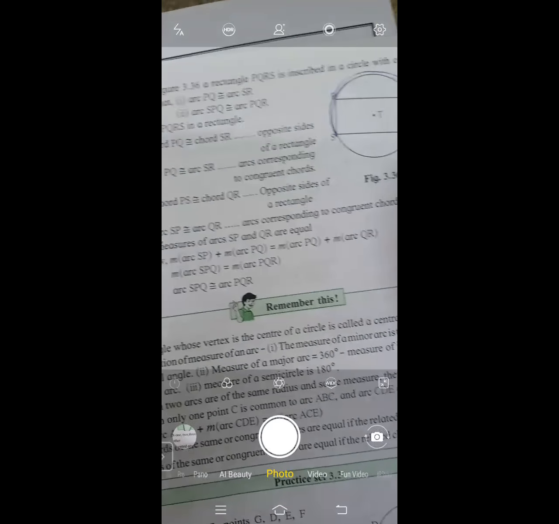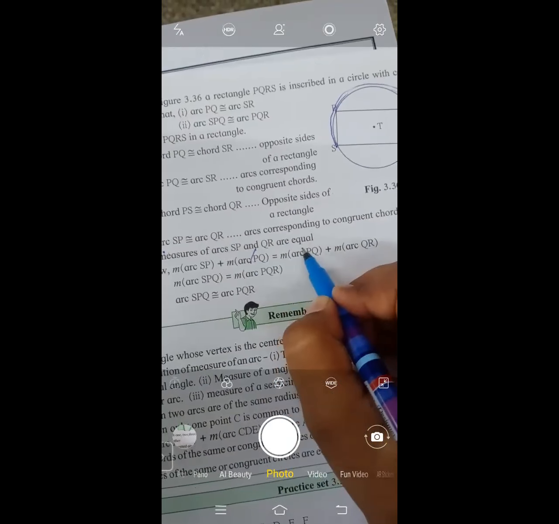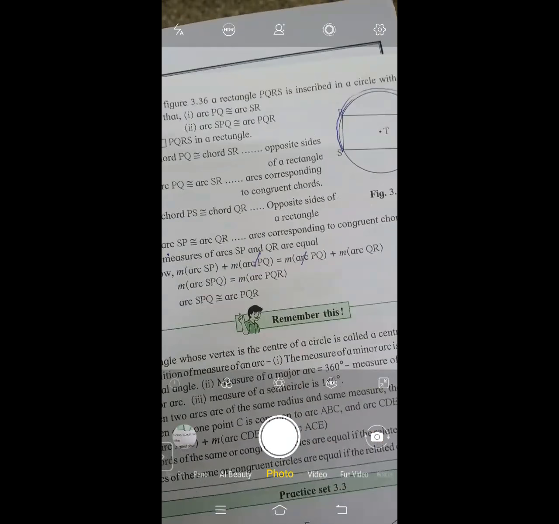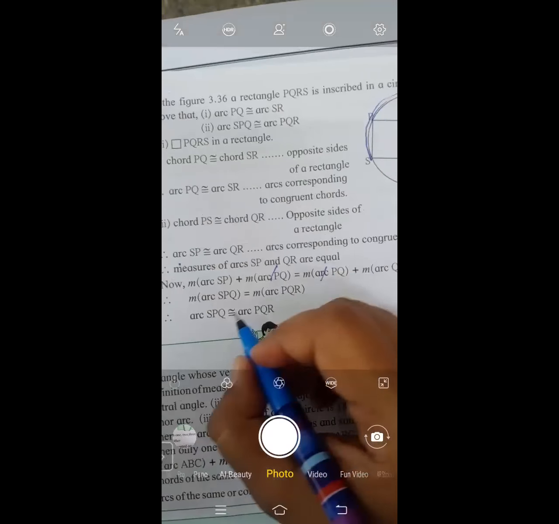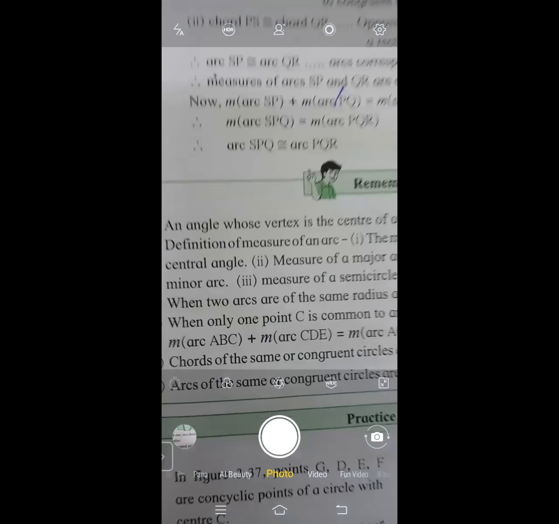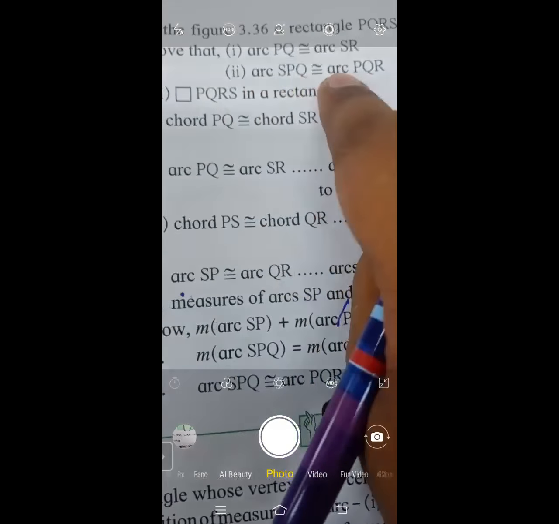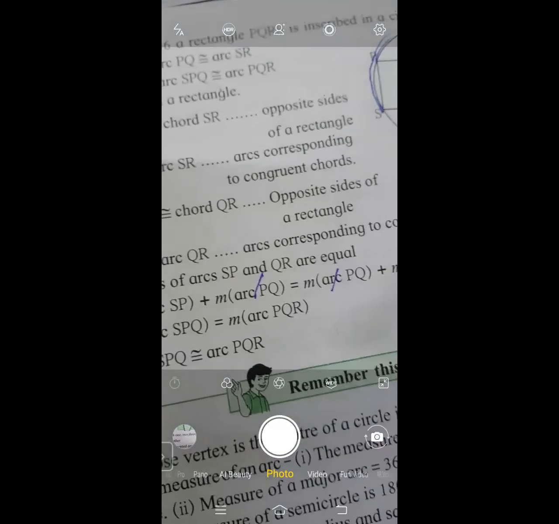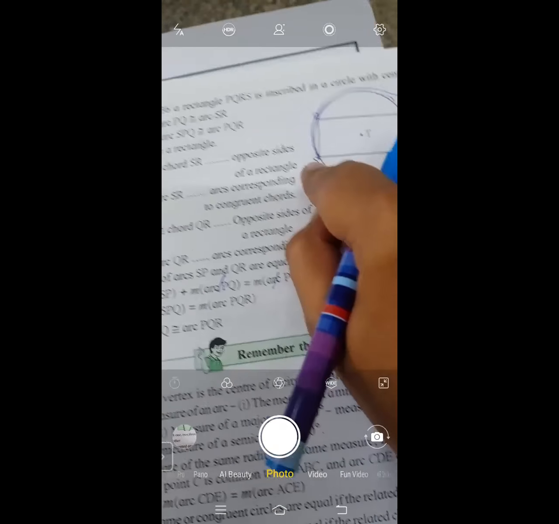So what happened? The things which are common on both sides get cancelled. So measure of arc SPQ is equal to measure of arc PQR, and arc SPQ is congruent to arc PQR. So we have shown two things, that is, arc PQ is congruent to arc SR, and whole arc SPQ is equal to arc PQR.